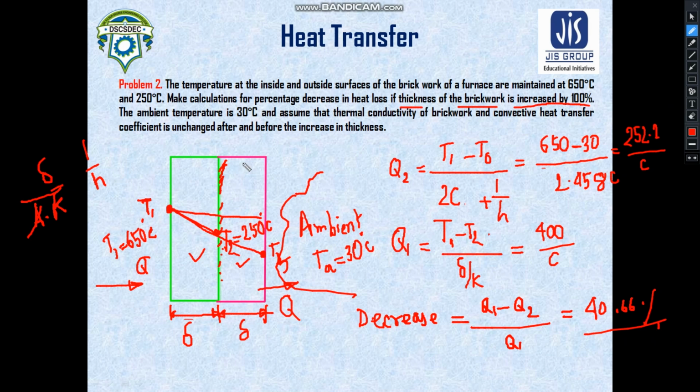Okay, and then we found that these two can be related.